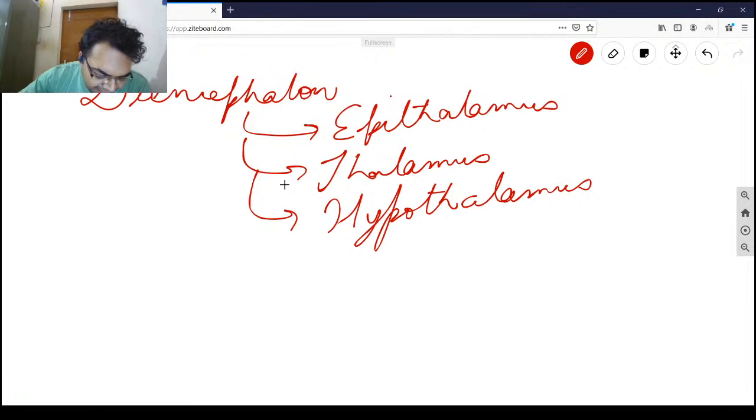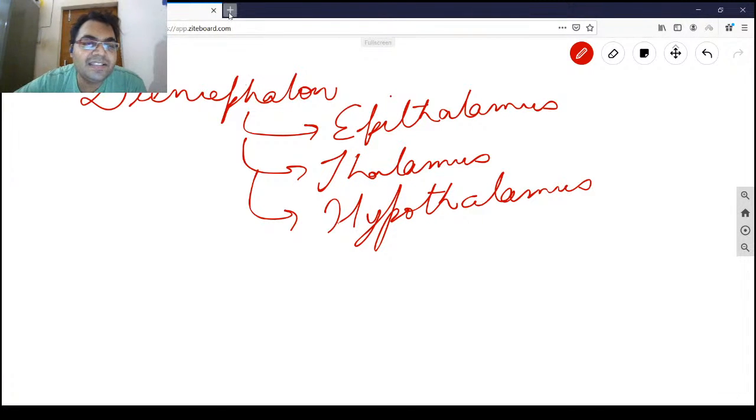So if you come to the descriptive point, the epithalamus is the roof of the diencephalon, and it is present just over the third ventricle. I'll show you the epithalamus here.